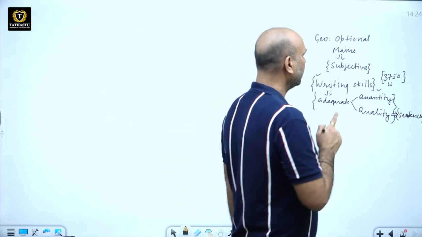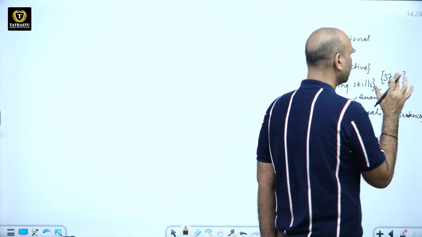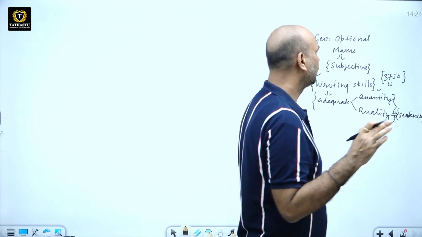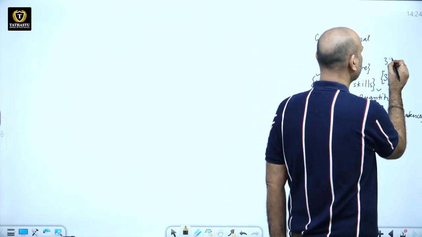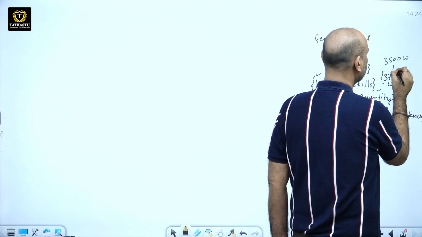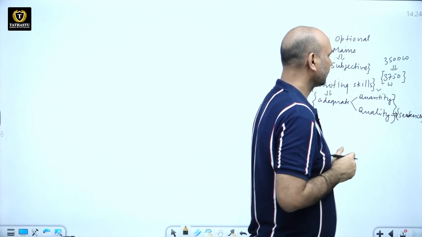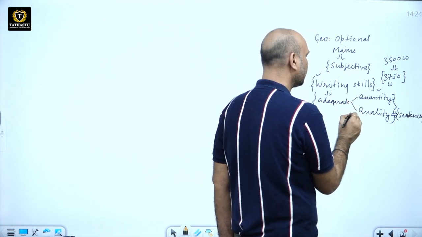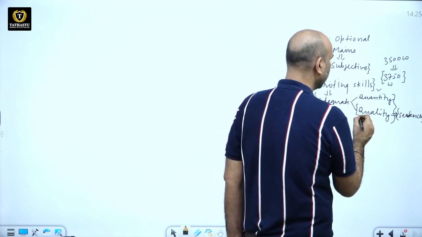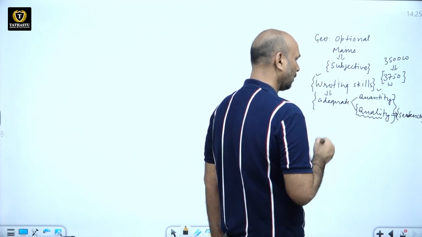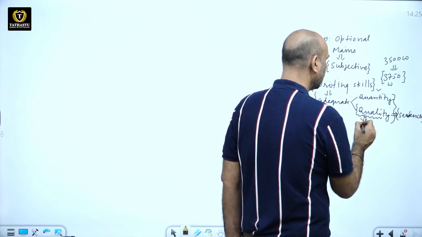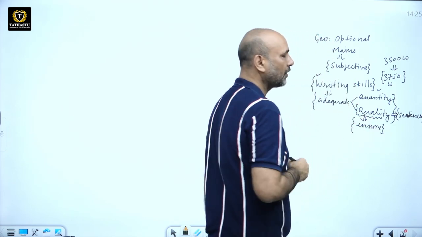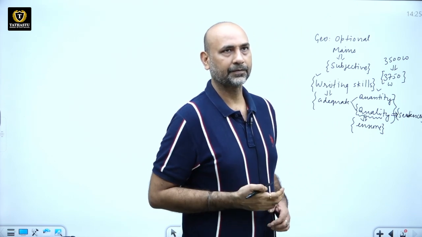So that must be the range of your speed, so that within 3 hours you can write between 3500 words to 3750 words, and while writing this number of words in 3 hours, we need to maintain quality too. Quality is going to ensure your success in geography optional, which is of 500 marks.